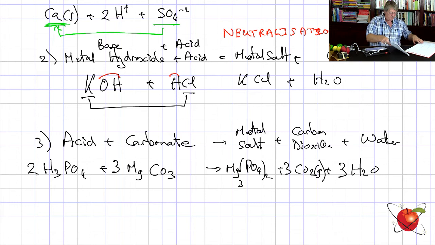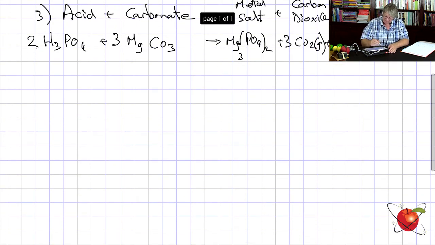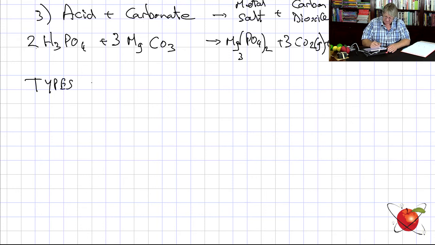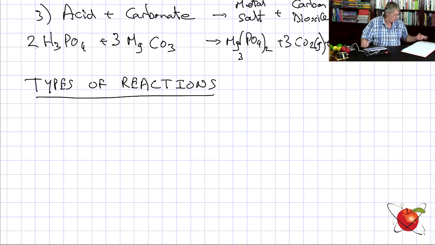Essentially, we are going to deal here with different types of reactions. Let's just have a look at types of reactions. We've got 2 basic types. One is going to be ion exchange.